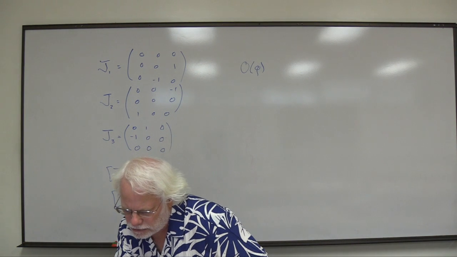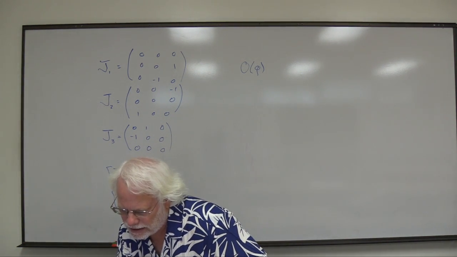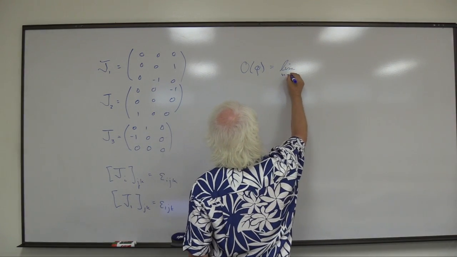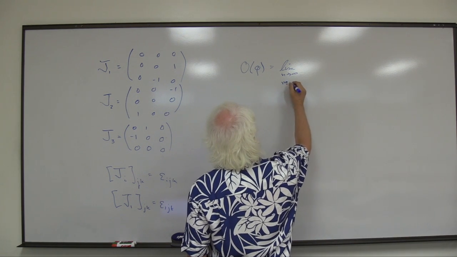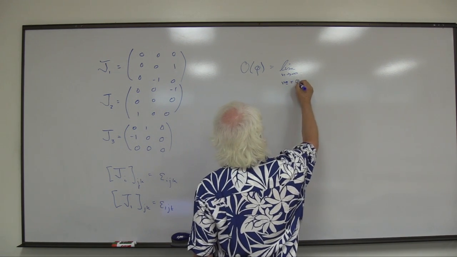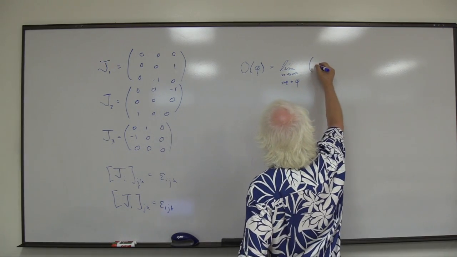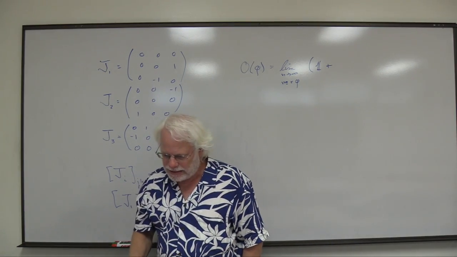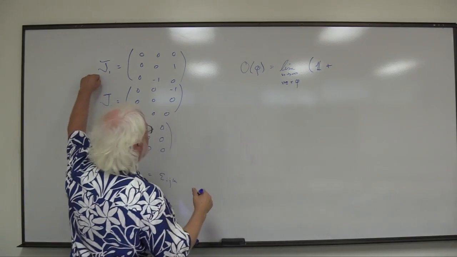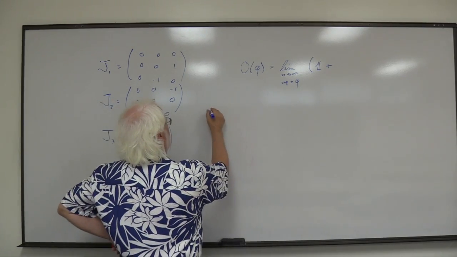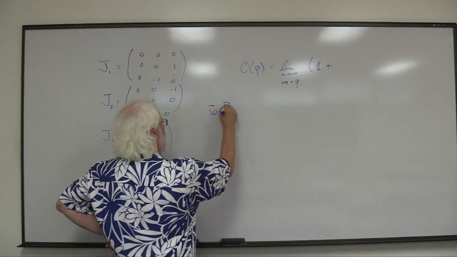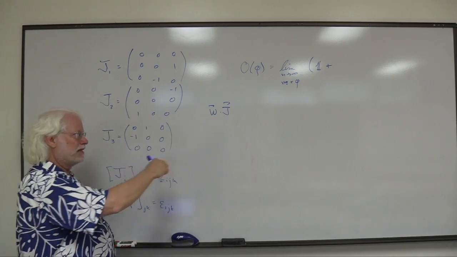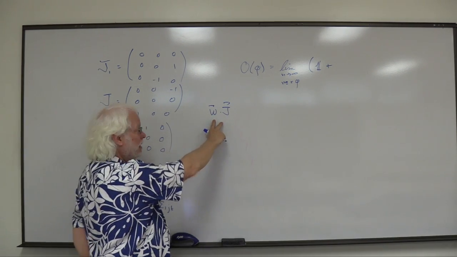It's the limit as n goes to infinity, holding n epsilon constant, of the identity plus a general linear combination of these, which can be written as a 3-vector dot J. Any anti-symmetric 3x3 matrix can be written this way.